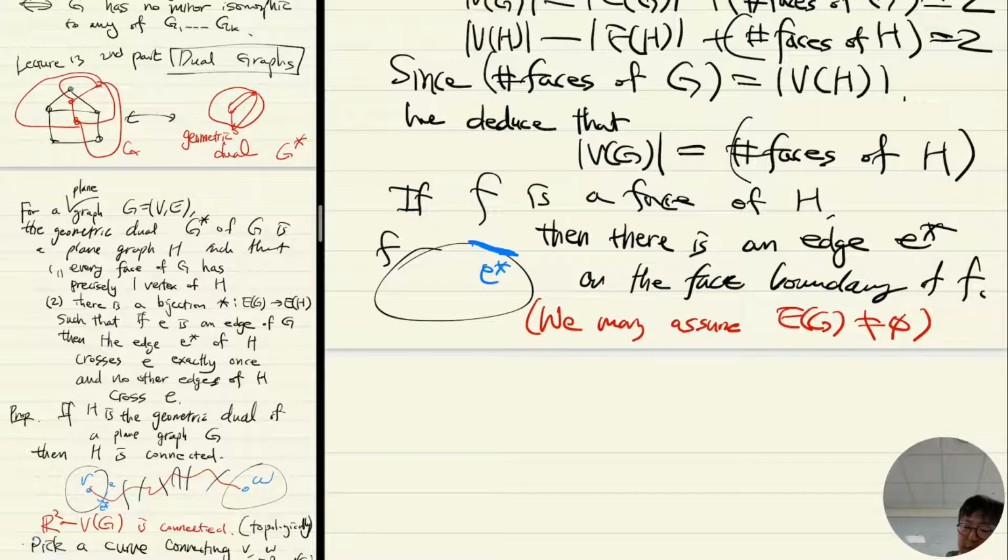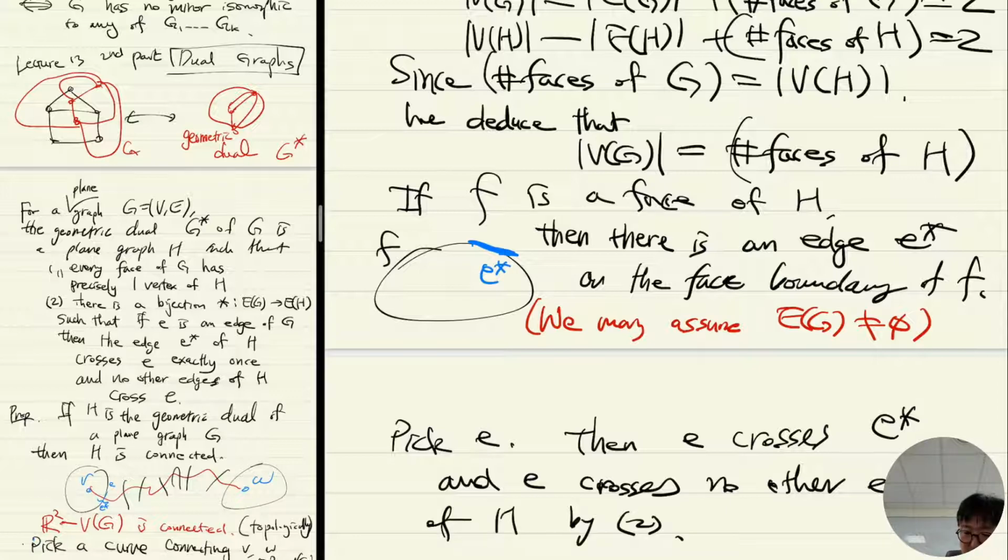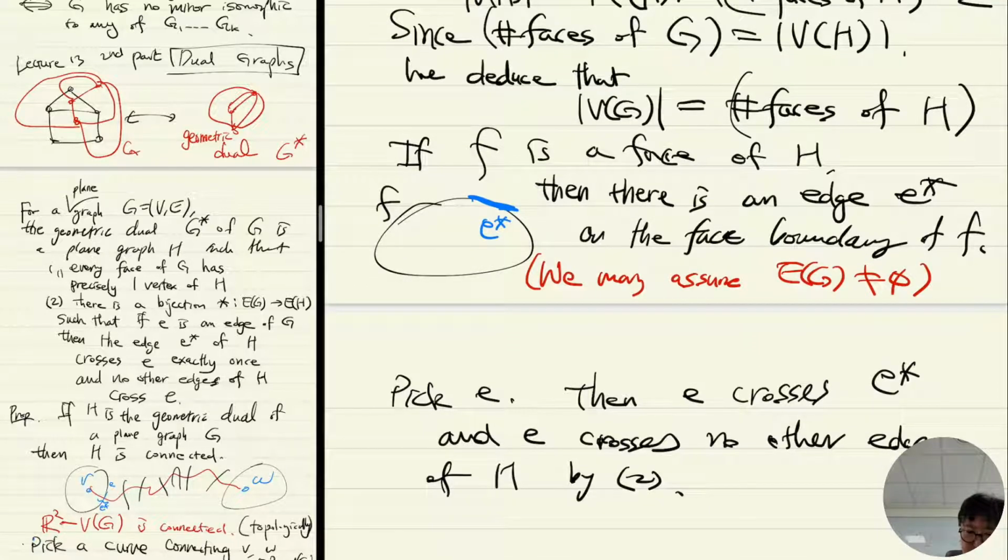Now pick E. Then E crosses E star, and E crosses no other edges of H by definition 2, right?